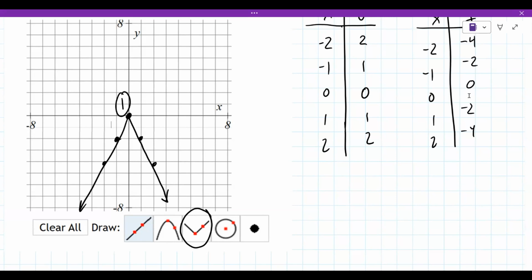So it would be x -2, and then y is -4. And then for x of 1, it would be 1 times 2 negative, so -2, and so on and so forth. 1, -2, and 2, -4. That totally makes sense.